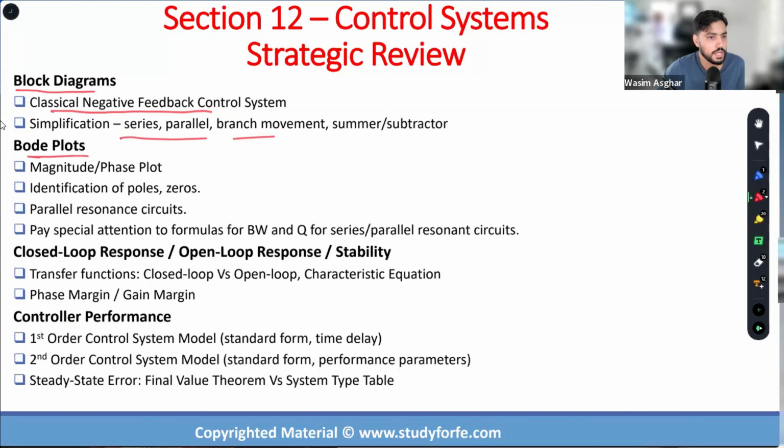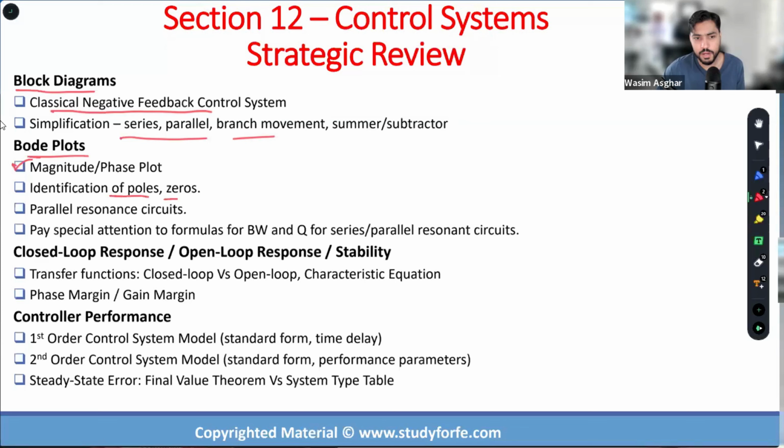Bode plots come in two different forms, basically. You have the magnitude and the phase plot, explained in a lot of detail with 5 or 6 different scenarios in the on-demand. So you can break it down into individual pieces, as we've seen earlier. It all starts with identification of poles and zeros.